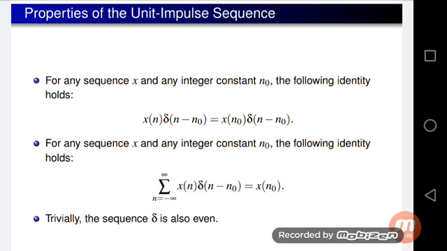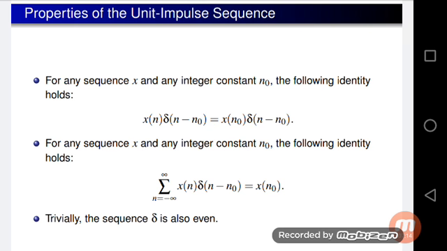And next one is properties of unit impulse sequences. For any sequence x and any integer constant n naught, the following identity holds: x of n delta of n minus n naught is equal to x of n naught delta of n minus n naught.